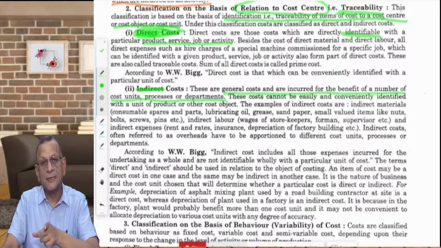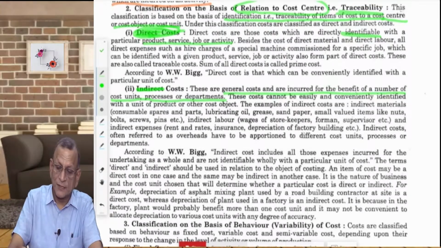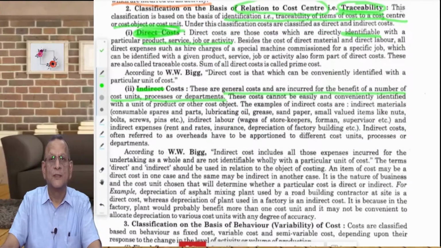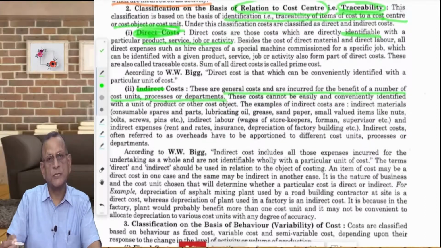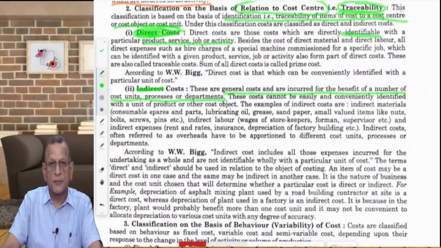So there is nothing which can be directly traceable to this finishing department. Something which is traceable for the finishing department is being treated as the direct cost. Something which is not traceable to the finishing department is being treated as indirect cost.